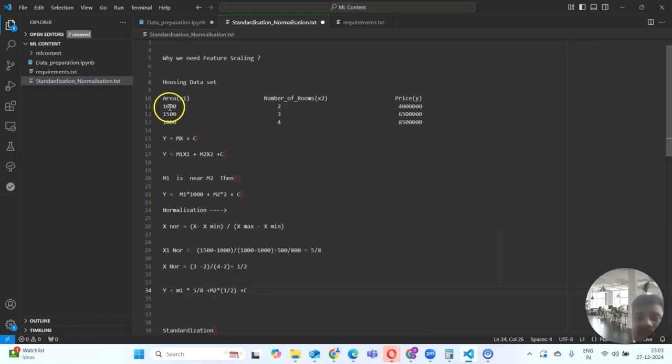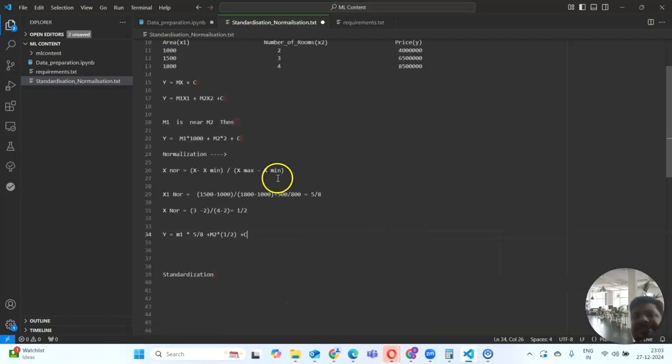It's way better than 1000 and 2. So the model will not give undue weightage to a particular feature. This is the way we solve the problem.